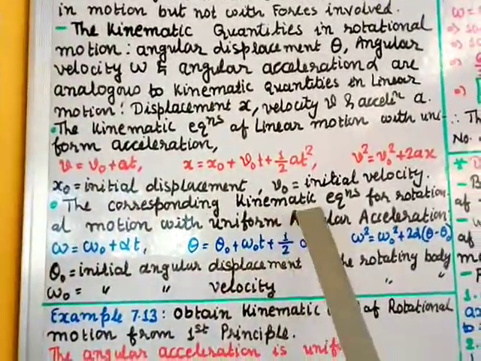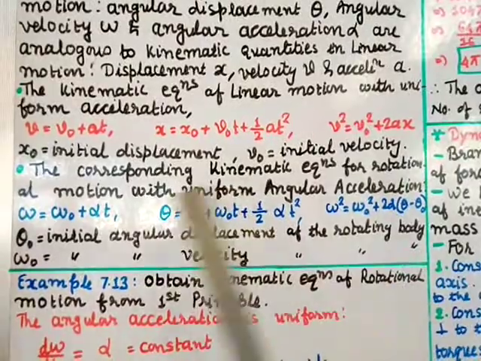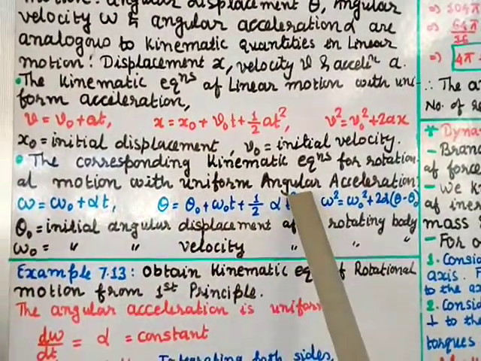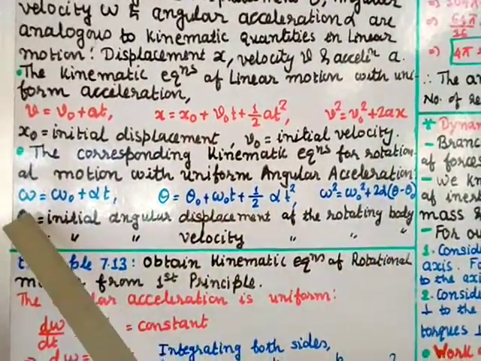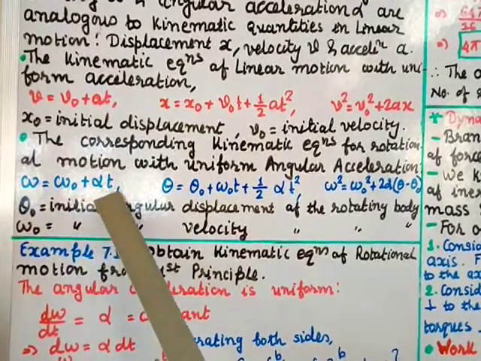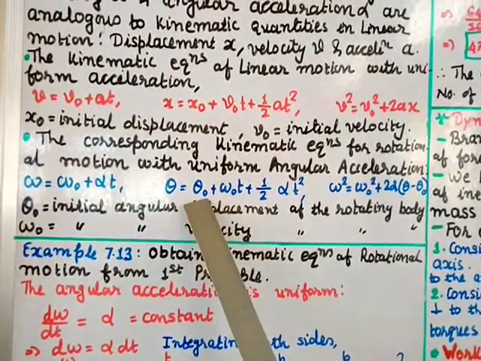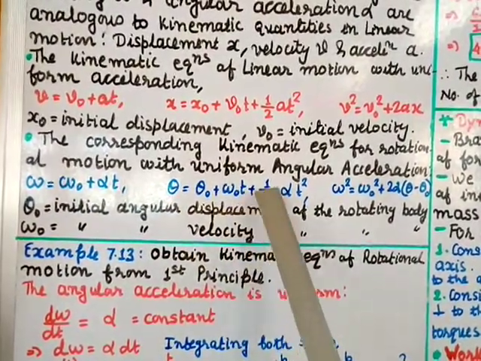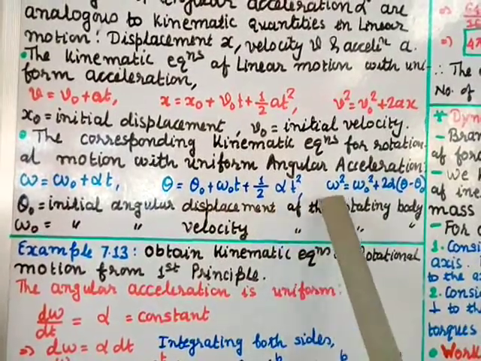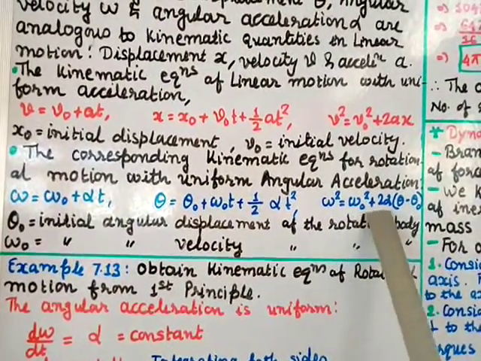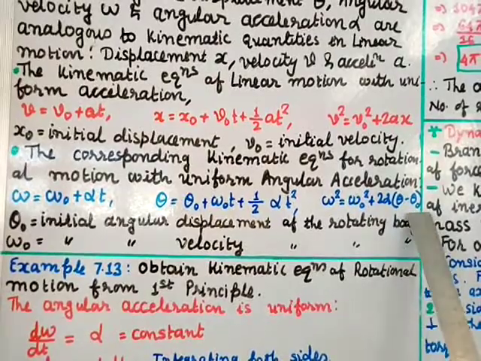The corresponding kinematic equations for rotational motion with uniform angular acceleration are: omega is equal to omega naught plus alpha t, theta is equal to theta naught plus omega naught t plus 1 by 2 alpha t square, and omega square is equal to omega naught square plus 2 alpha (theta minus theta naught).